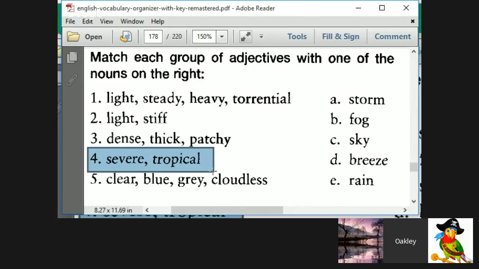Okay, Andre, number 4. It's my turn. Yes. Okay. Severe tropical.